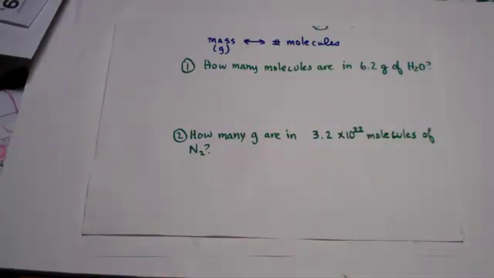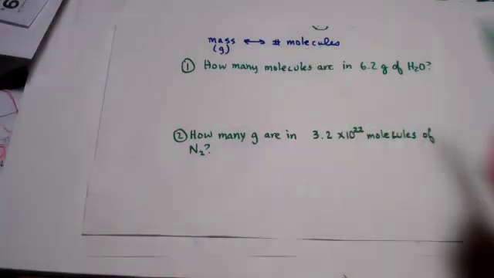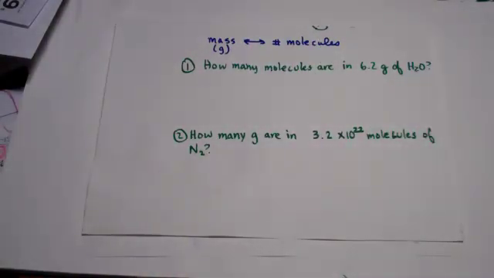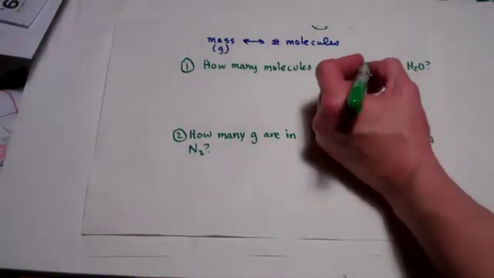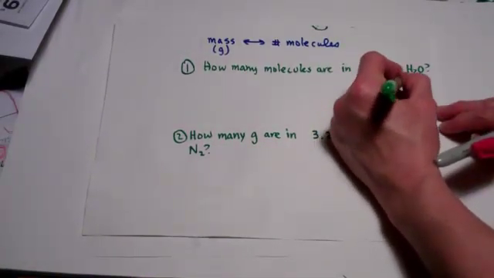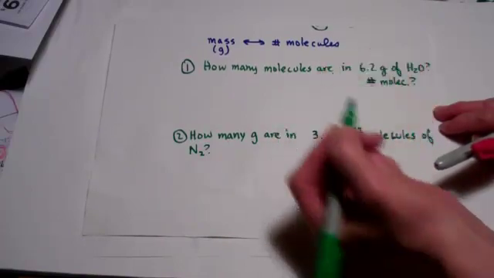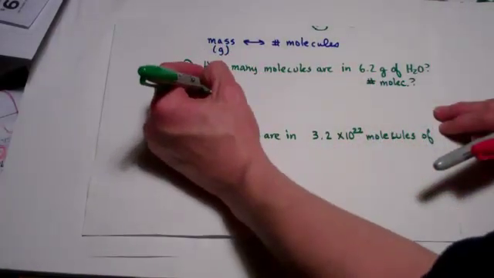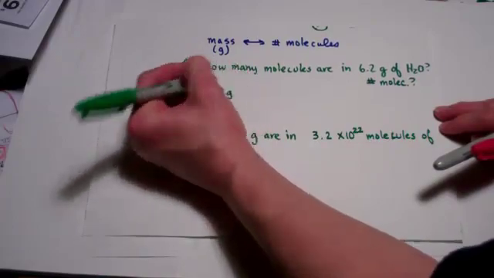So if we've got a question that says, how many molecules are in 6.2 grams of water? We know we can use our mass to number of molecules conversion for this question. So we want number of molecules. So that's what we want to get to. And we're going to start with our 6.2 grams.